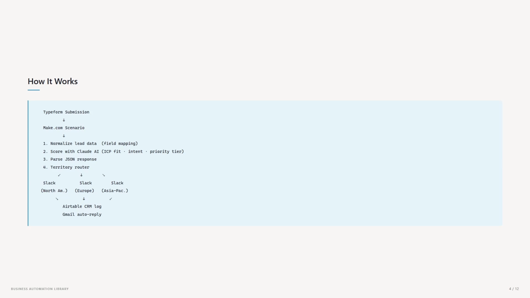One is normalizing the lead data, then calling Claude AI to figure out the ICP fit, intent, and priority tier. Then we parse the JSON response from Claude AI to use in later steps so that we can assign it to a territory and a certain rep, post in that specific Slack channel, log the record in Airtable, and then send an auto reply through Gmail.